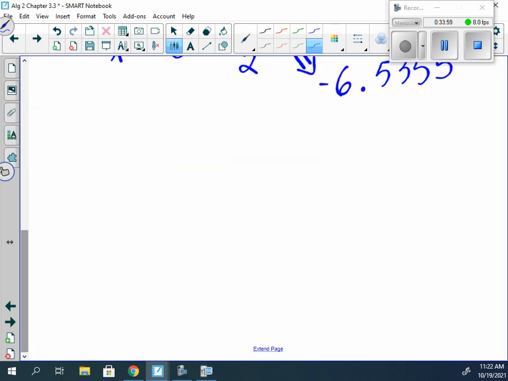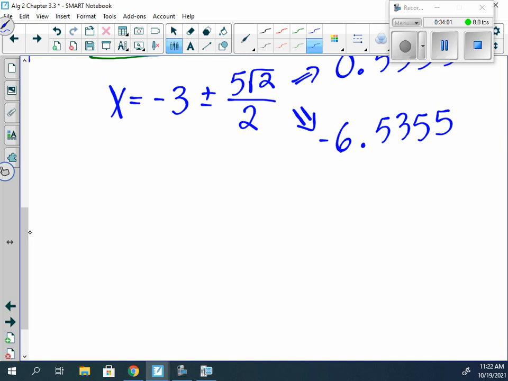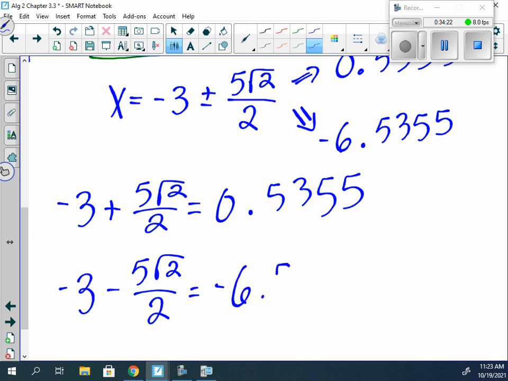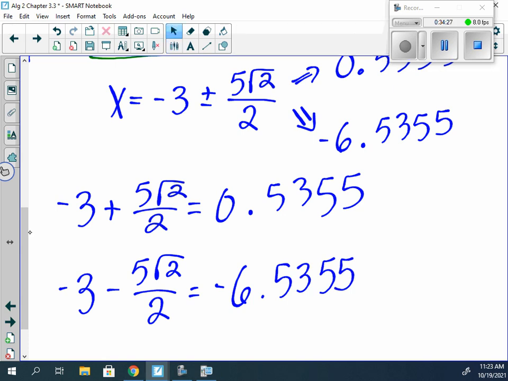Now, if you're curious where those numbers are coming from, it's coming from taking negative 3 plus 5 square root of 2 over 2, which would be our negative 0.5355, or taking negative 3 minus 5 square root of 2 over 2, which would be our negative 6.5355. And just having the calculator convert our 5 square root of 2 over 2 into a decimal. Because if we convert it into a decimal, we would have these two answers here.